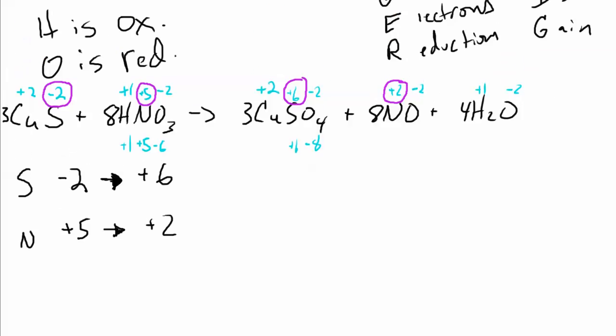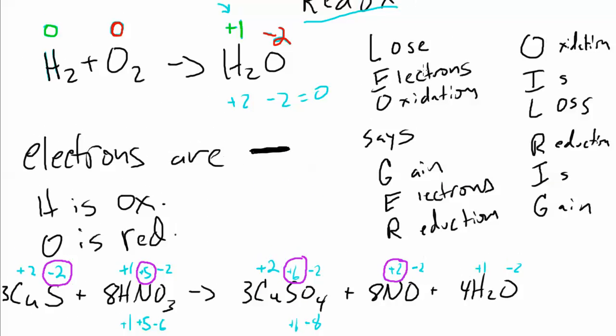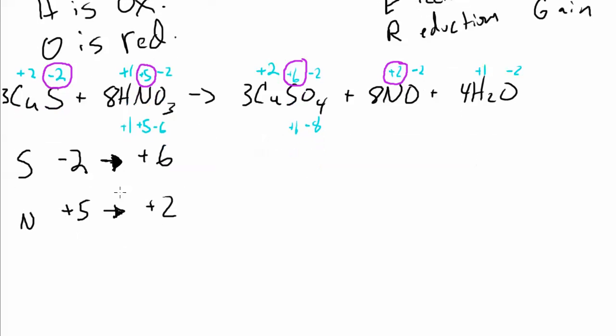So let's see. Lose electrons. If something loses electrons, then its oxidation number is going to go up. So sulfur lost electrons. So sulfur was oxidized. And nitrogen's oxidation number went down, so it was reduced.